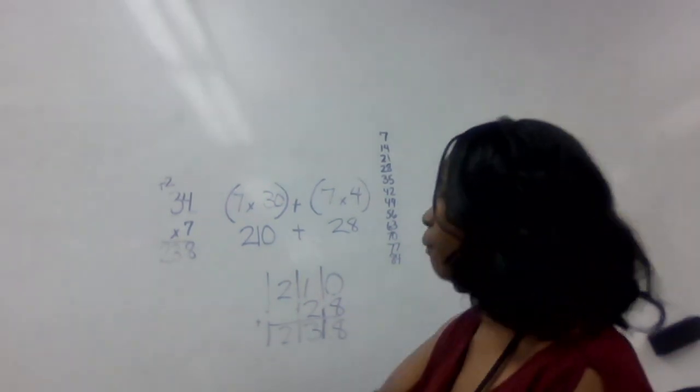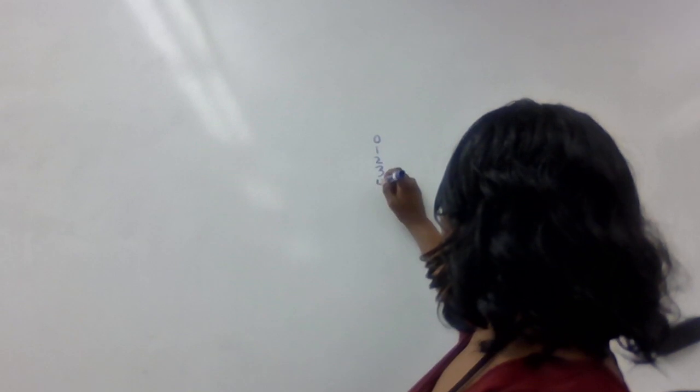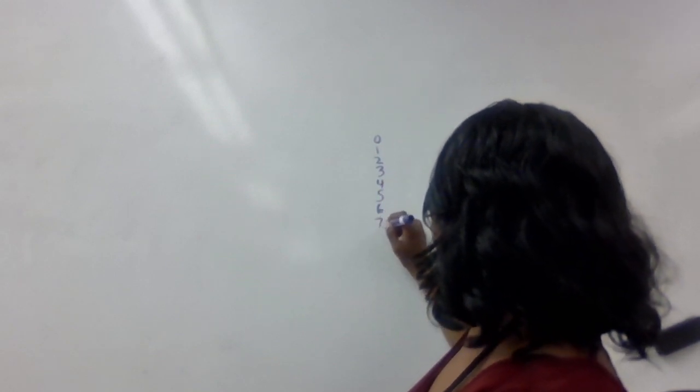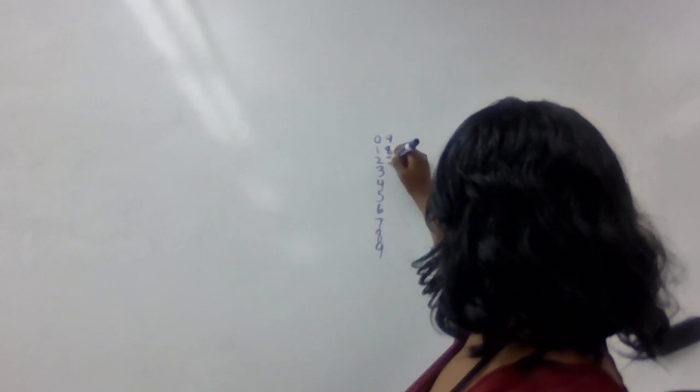Okay, now we're going to do one more, and let's do one with the 9s, and this is one trick until we learn them. Go 0 to 9, and then go 9 to 0.